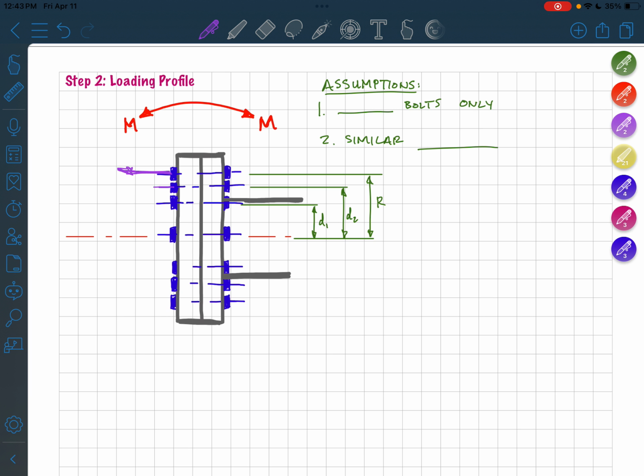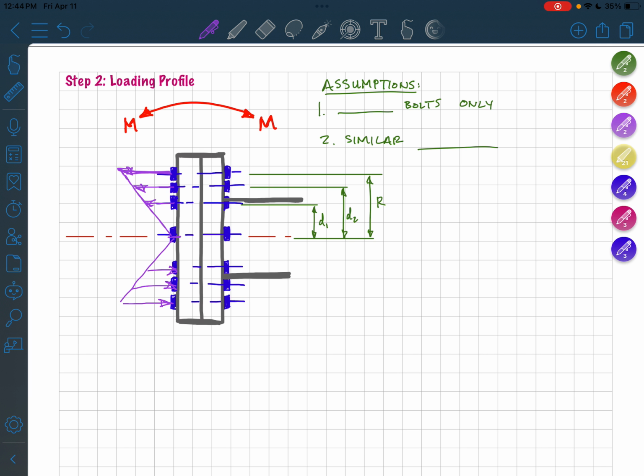Force there, force here, and they're going to take the pattern of a triangle down to 0 about the neutral axis. Conversely, we're going to have the same thing, but in compression. Oh, I've drawn that wrong, excuse me. There we go. We're going to have compressive forces here, and here, and here.